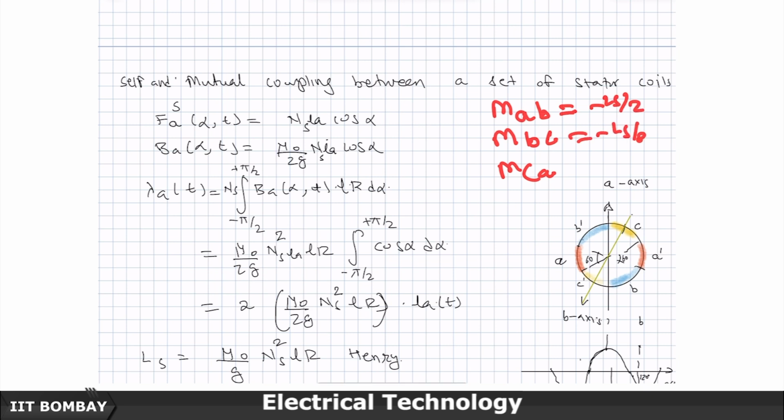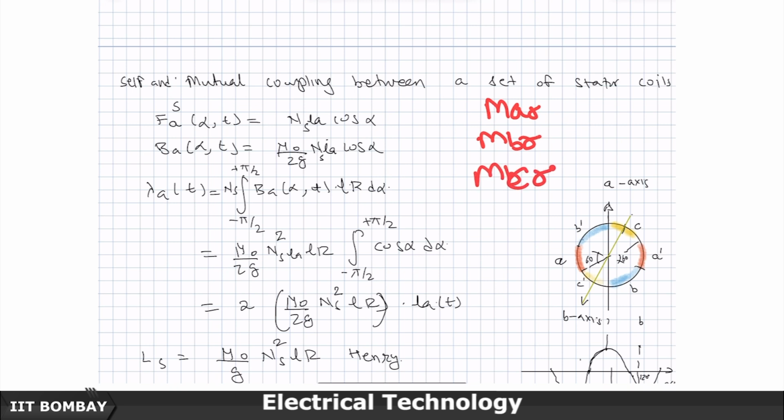To show this I need to calculate this, and these are the 3 mutual inductances between A, B and C, the stator windings. They will have fixed values because the stator windings are not rotating. But in addition I will need MAR, MBR and MCR. What are these?